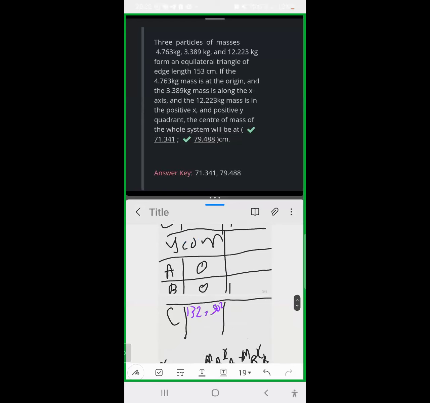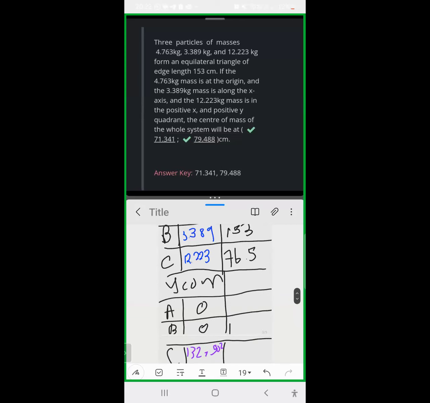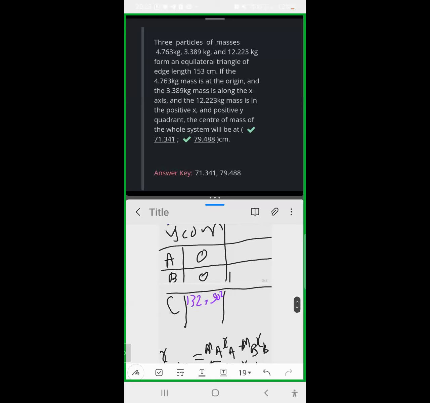Since the y coordinates for both A and B are 0, those terms are just 0. So we have 0 plus 0 plus the mass of C, which is 12.223, multiplied by its y coordinate, 132.502, divided by the total mass, which is 4.763 plus 3.389 plus 12.223.